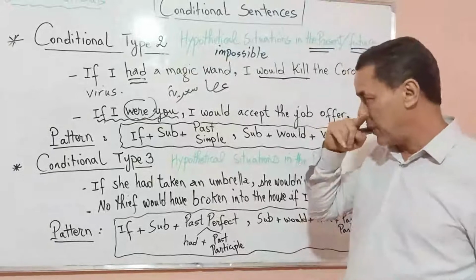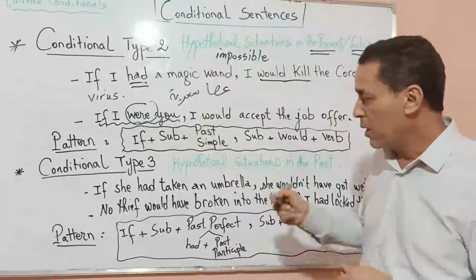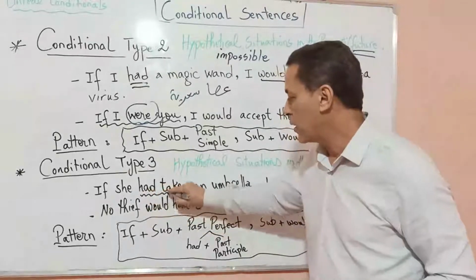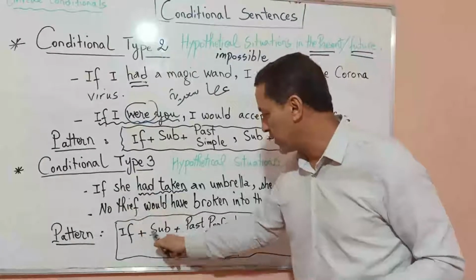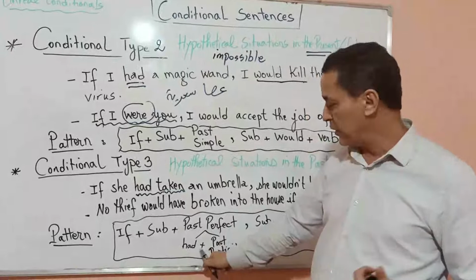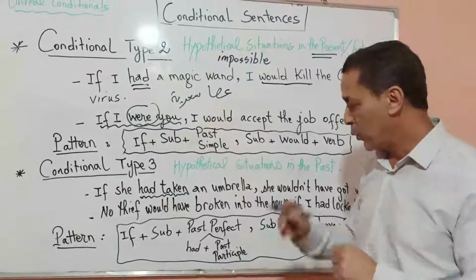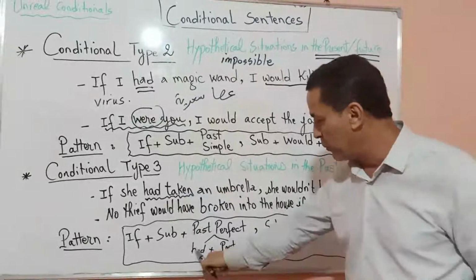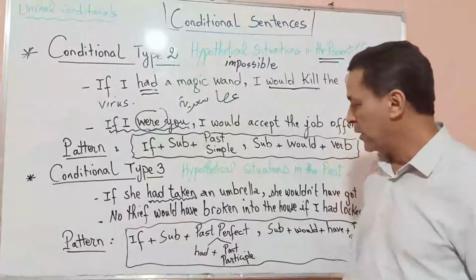In this type of conditional, we are changing the verb form. We are using the past perfect. So if plus subject plus the past perfect, which is made of the auxiliary verb had in the past and the past participle. We all studied past perfect. We know it's made up of two things, an auxiliary had plus past participle.